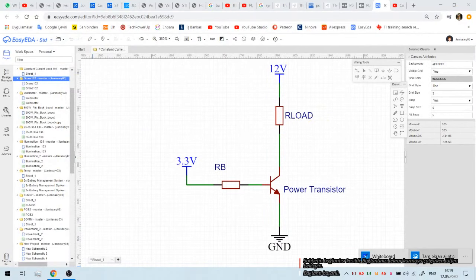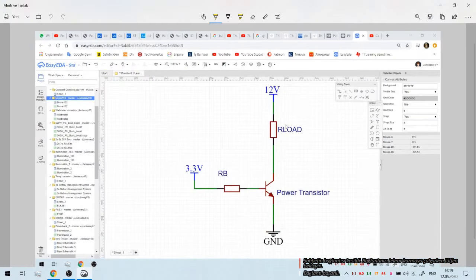For this situation, for example, if we have a 1 amp load here, nearly a 12 ohm load, for 1 amp and a gain of 100, mostly HFE also, we need to flow IB current of 10 milliamp basically to switch this transistor.